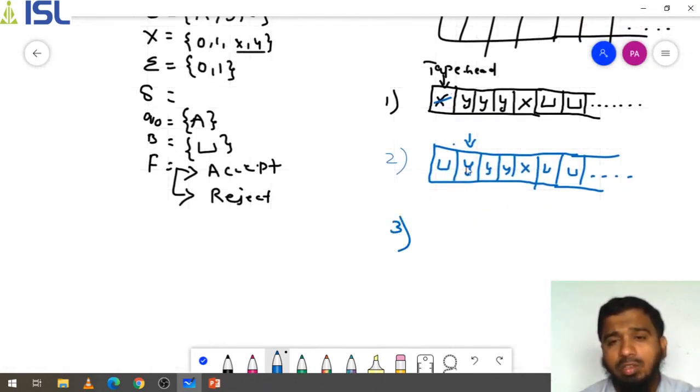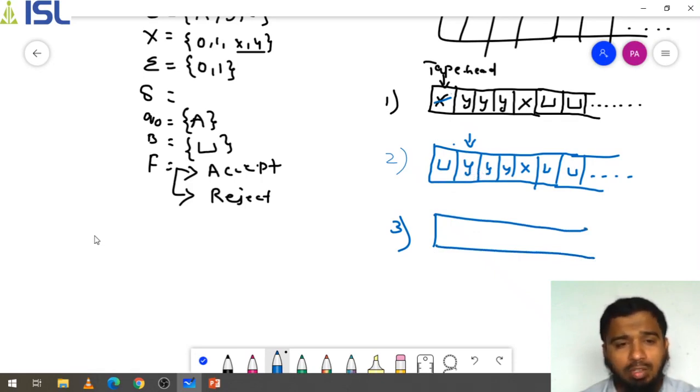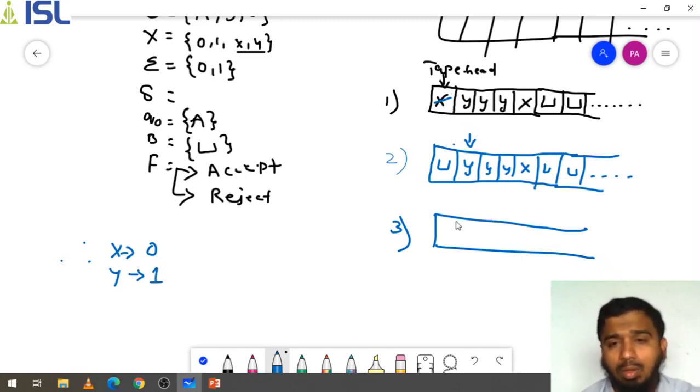Next, this is my head. Here it is telling Y is representing 1. So, I will write here X is representing 0, Y is representing 1. Okay. So, here the first one is empty.